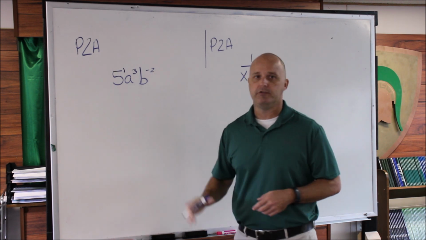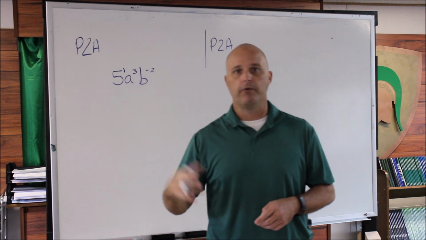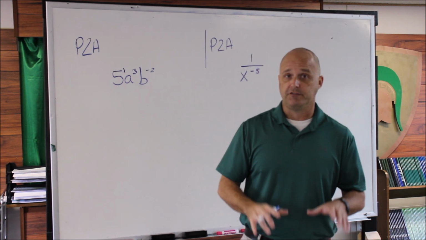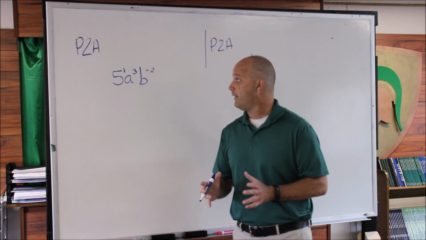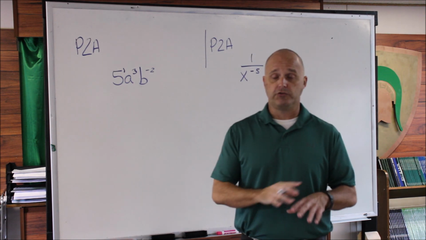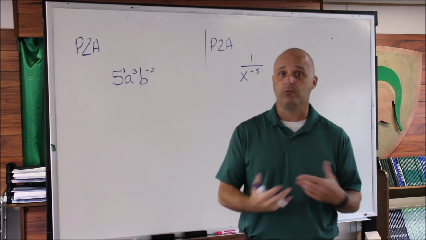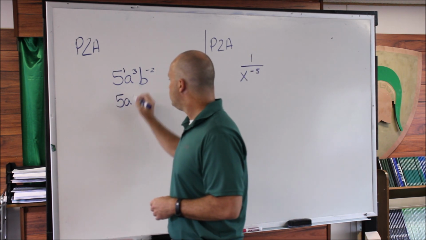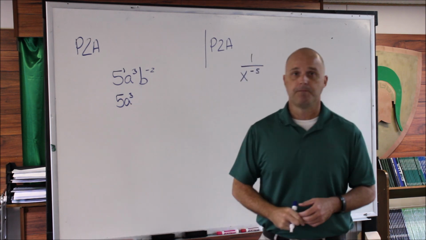This negative 2 does not affect the 5 or the a. It only affects the base b. So that's the only thing that we're going to do anything with on that particular problem. So 5 and a cubed are going to remain exactly where they are, and there's nothing that we can do to simplify those. So we're just going to rewrite those as 5a cubed.